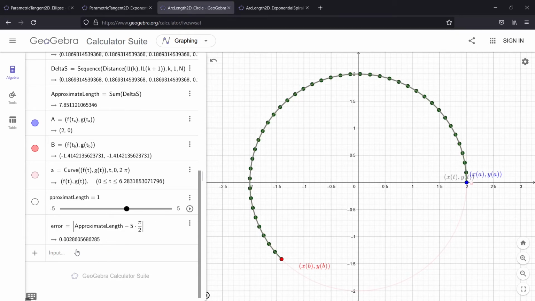You see that the error is very quickly decreasing. When we get to a partition with 50 segments in it, the error decreases down to 0.002. So this Riemann sum procedure really is giving us the true value of length in the limit as n goes to infinity, which is why this integral formula holds.